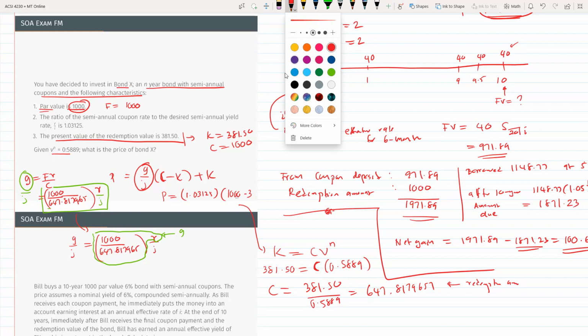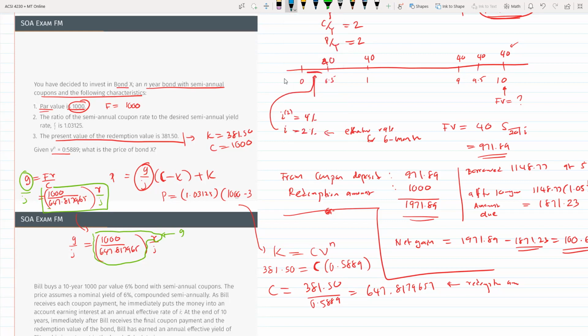Then R over J, or here R over I, is 1.03125. So you can rewrite this as 1000 over 647.8179 times R over J, which is 1.03125. That should be what you get here.